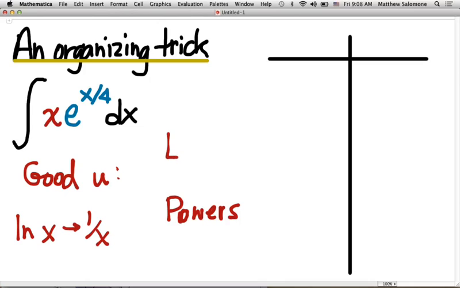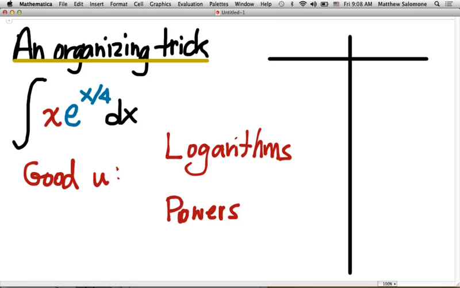So a really good choice for u is logarithmic functions. Because as soon as we take one derivative of them, they're not logarithmic anymore. They're just powers of x, namely x to the negative 1 in the case of ln. Right? So that's a great choice for u.